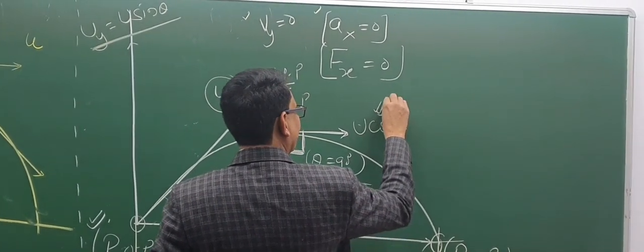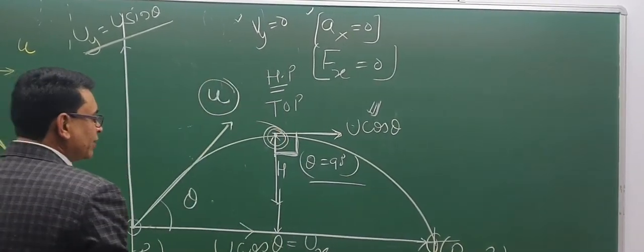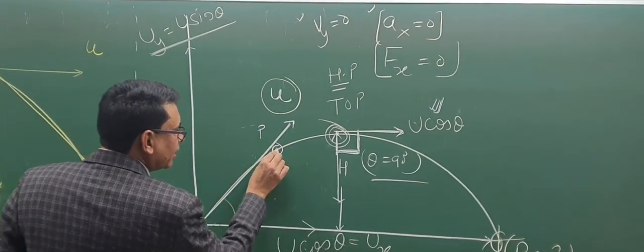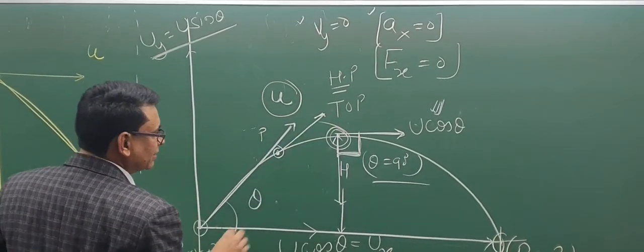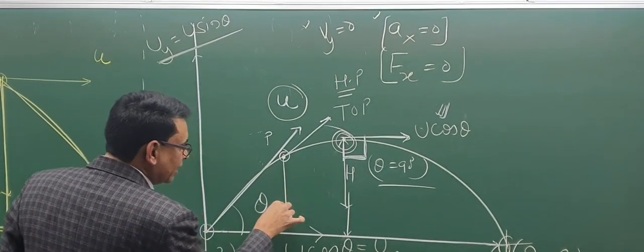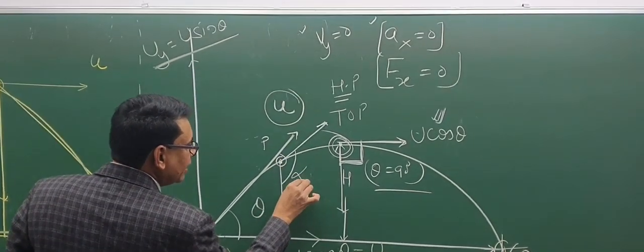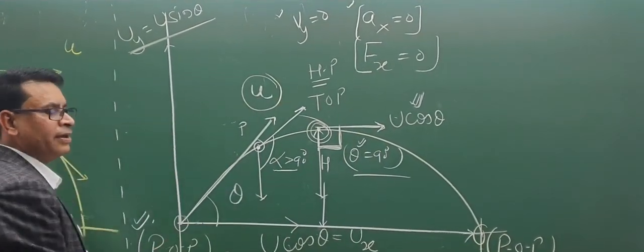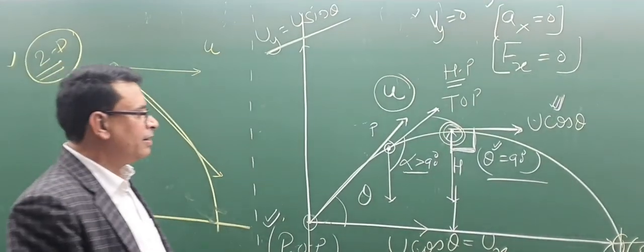Remember it, it is a very important point. If we see at point P, the direction of the projectile is this, gravity acceleration is that, this angle is greater than 90, but this angle is equal to 90 degrees.